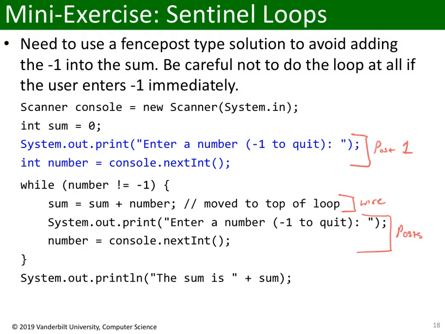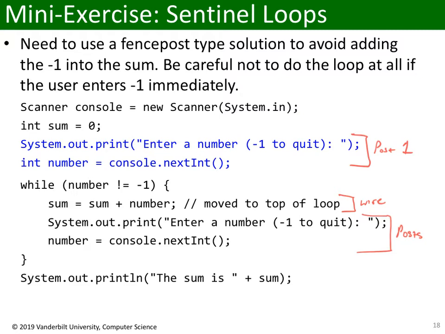Make sure you understand this example, and if necessary, pause the video, rewind, look at the problem and the original code that did not work, and then make sure you understand how to go from the code that did not work to this code in the fencepost loop implementation that does work.